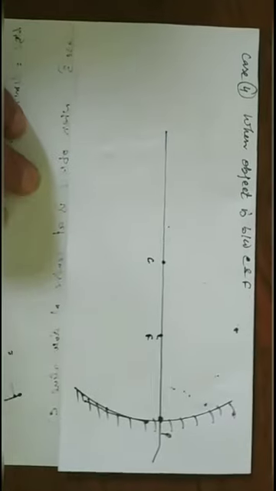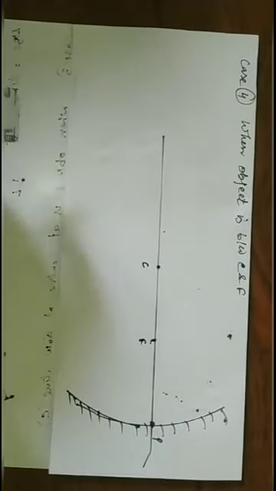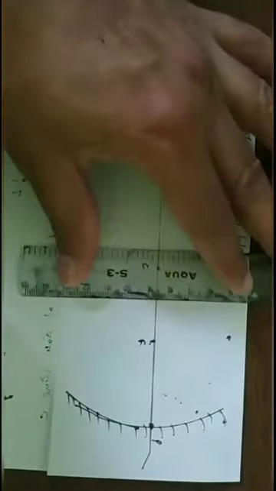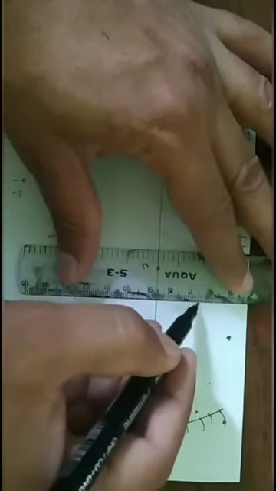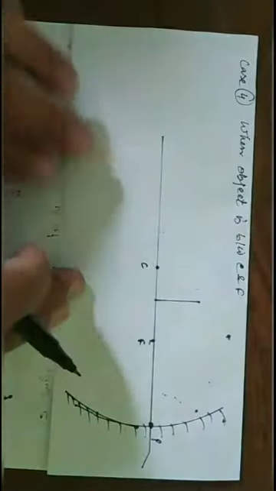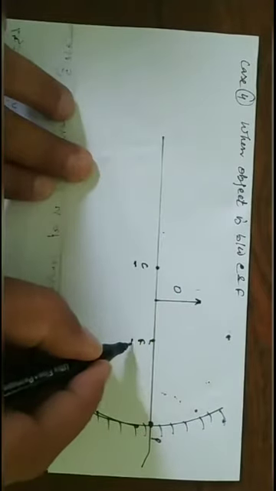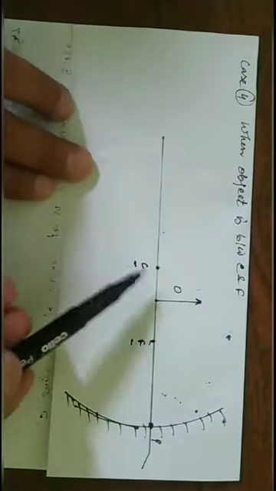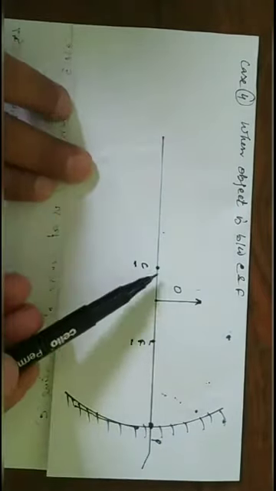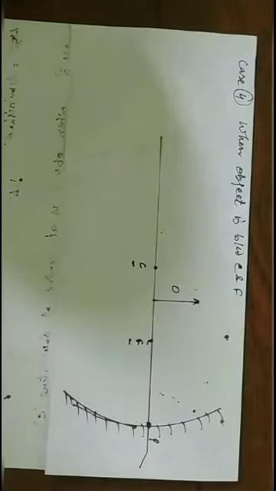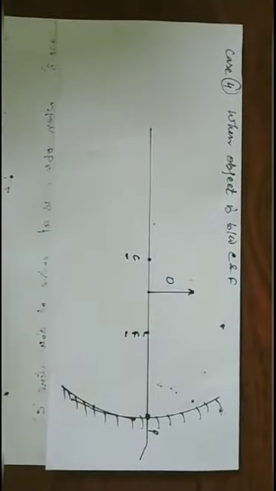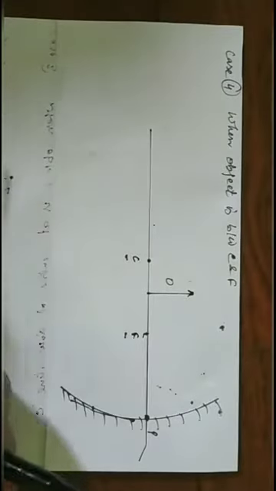Now in the fourth case, object is between center and focus. So anywhere I draw, this is my object. So this is your object O, which is between center and focus. I can keep it anywhere between C and F. So I will draw two rays, minimum two rays, to form an image, and those rays whose rule is known to me. The first ray is parallel.